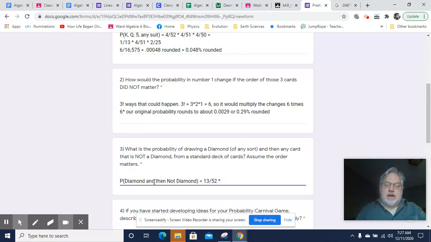And then, if we drew a diamond, now we have 51 cards left. So out of 51 cards, there are now 39 cards that are not diamonds. And so that's going to work out as your probability.